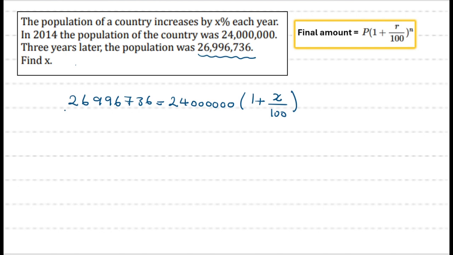So number of years in this case is 3 years. So we need to solve this equation to find the value of X. Immediately we notice that we have to divide both sides by 24 million.